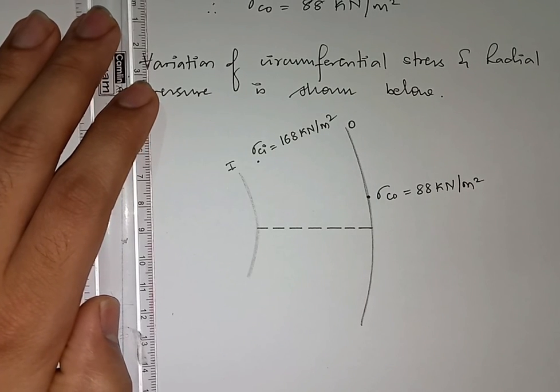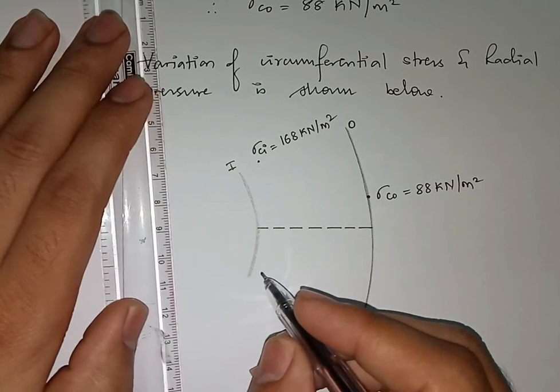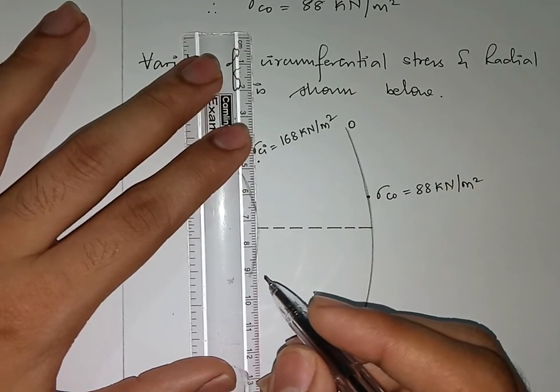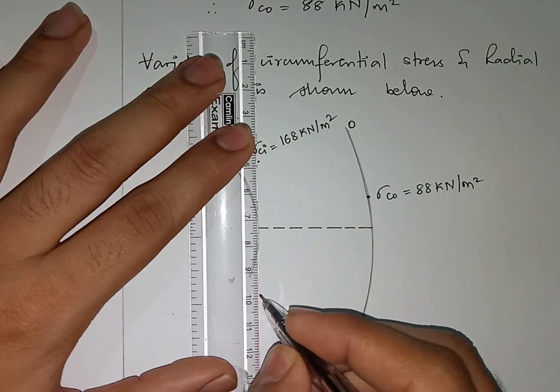Similarly, I'll mark out the radial pressures. The internal radial pressure Pi and P naught. So that is important. Pi and P naught. So Pi is 120 and P naught is 40. Pi is 120.